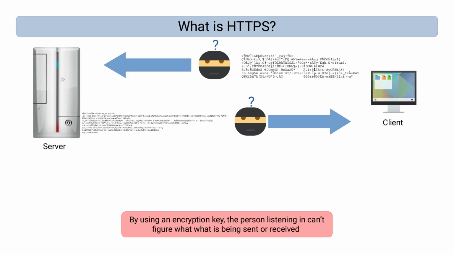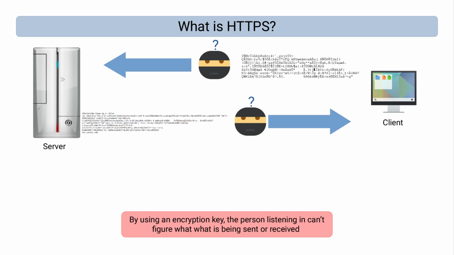I won't go too heavily on the math, but the basic idea is that both the client and the server use very sophisticated encryption algorithms to send both the request and the response. The person in the middle cannot read it because it just looks like gibberish.